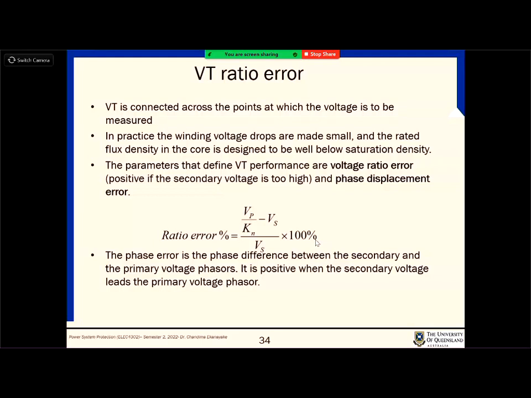And then when you are looking at the phase errors, how do we define which direction is positive, which direction is negative?